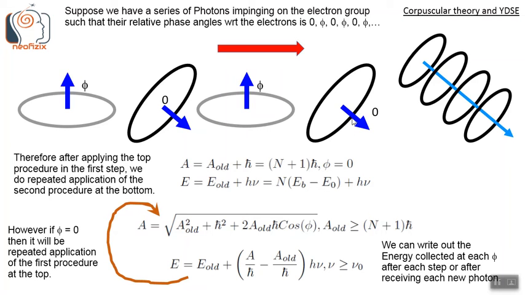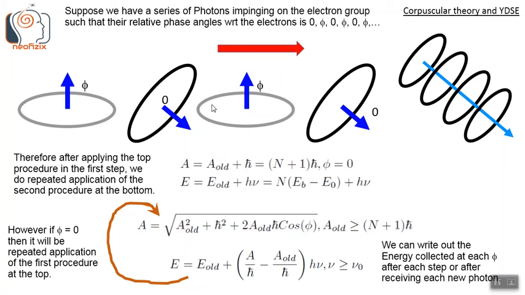Therefore, for the first photon, if it is parallel, we apply this procedure, this discrete addition that we described earlier. After applying this top procedure in the first step, we do repeated calculation of the second procedure at the bottom.